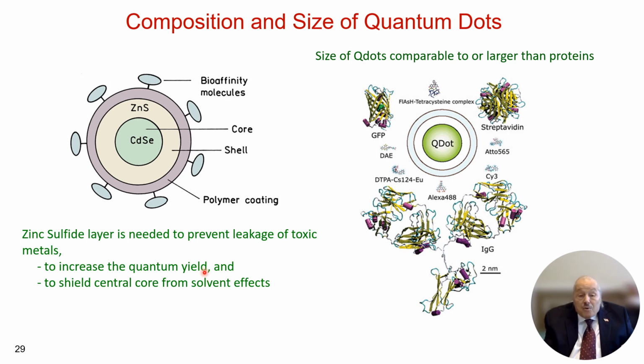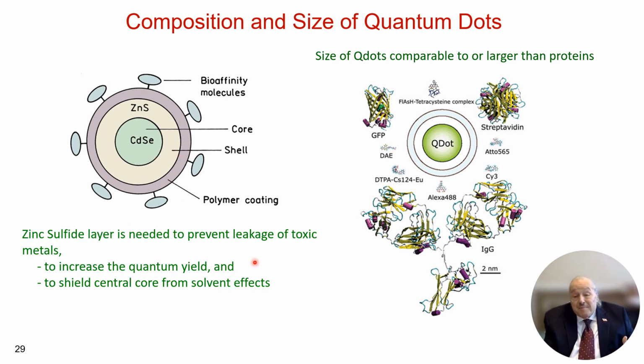They're unstable, and the last thing you would want is these heavy metals leaking into some organism. So it was decided to coat them with something else, which in this case was zinc sulfide, and that prevented any leakage of the cadmium out. And it made the nanoparticle a lot like the lanthanides, where the fluorescent part was protected from the outside world. So the quantum yield went up when they put the zinc sulfide around it.